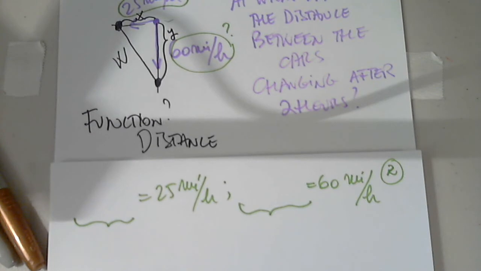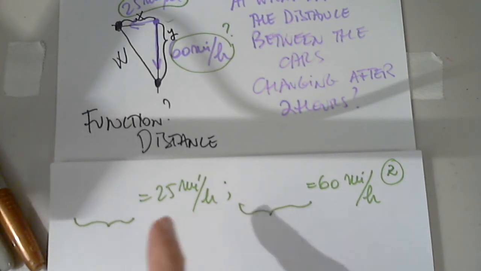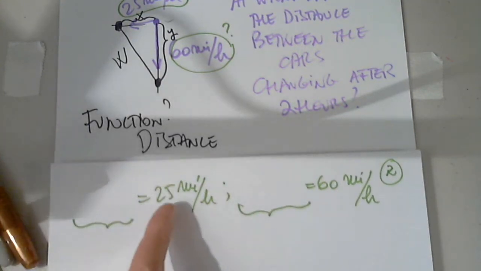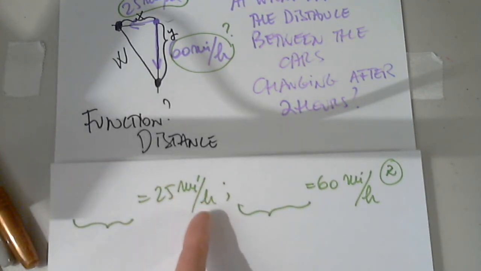Can anyone help? It's okay if you're wrong. Really, I promise you. What would you say? It's a rate of change. It's a rate of change of distance with respect to time. It's very clear from the measurement unit.